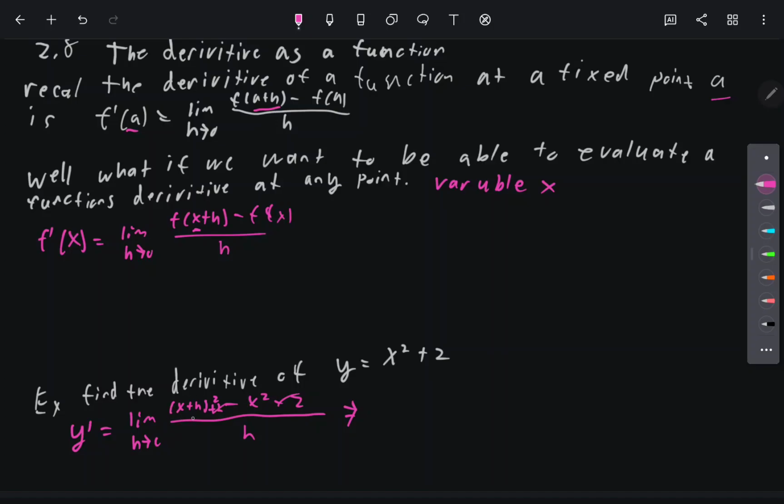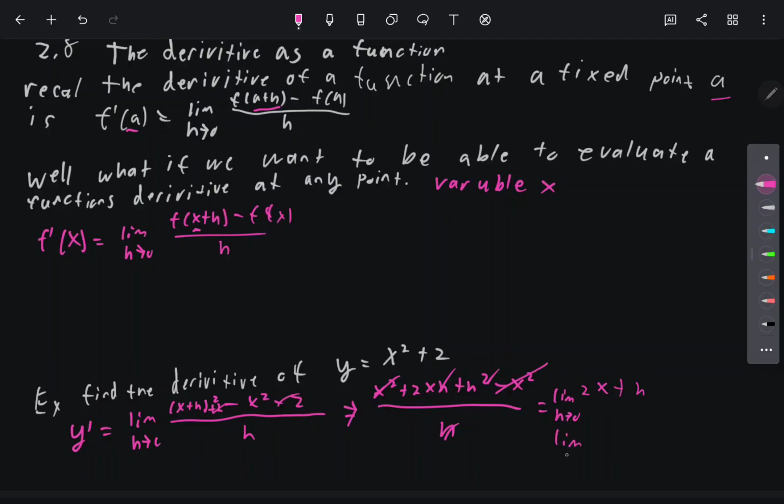Let's expand out this square, so we get x squared plus 2xh plus h squared minus x squared all over h. Well, what can we cancel? We can cancel these x squareds, and we're left with only h's, so what we get is 2x plus h, and we want to take the limit as h approaches 0.